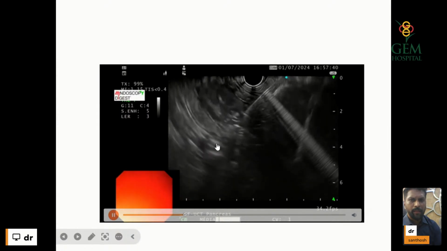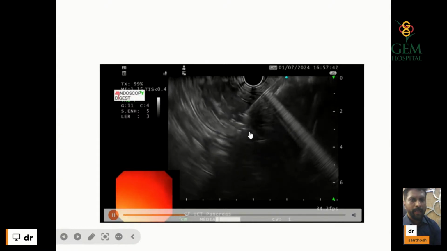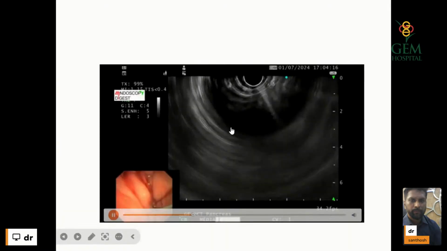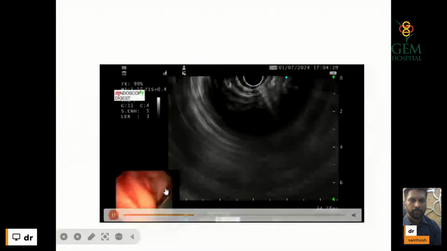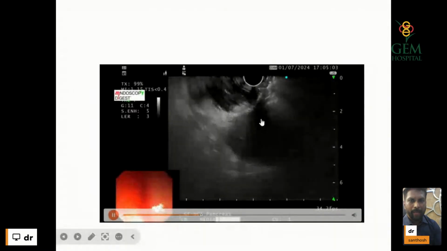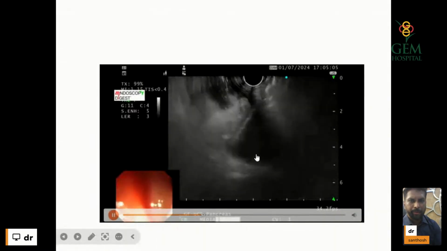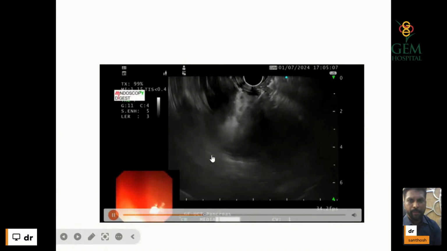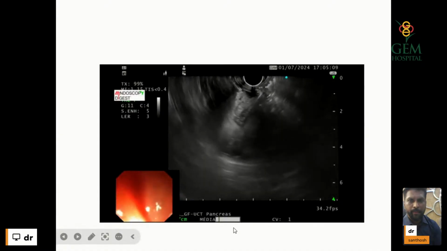Once this is done, we put a guide wire into the stomach. This is the guide wire. Then we can use the system, or we can directly use electrocautery-enhanced LAMS, where we directly puncture into the distal excluded stomach.